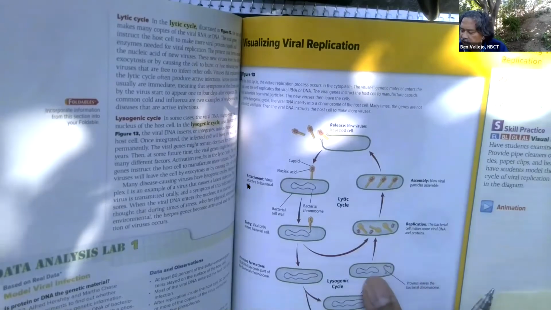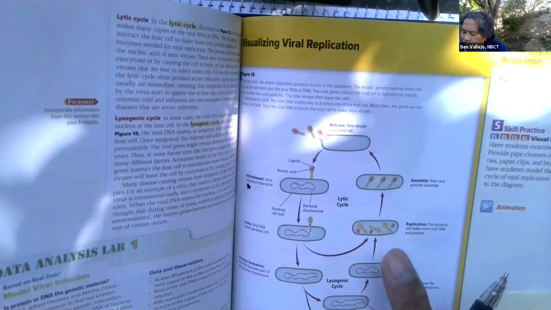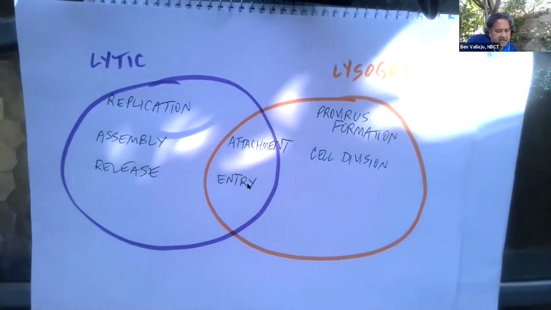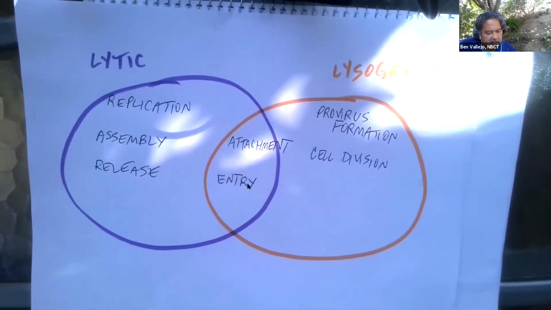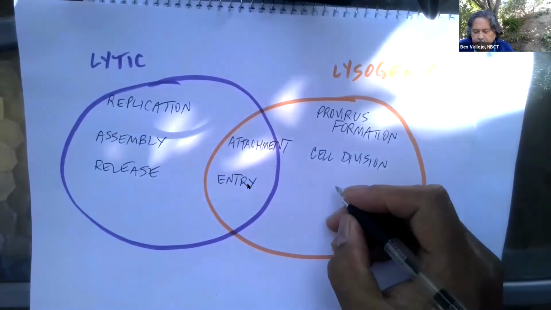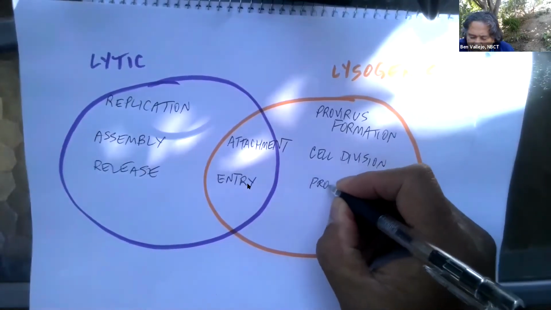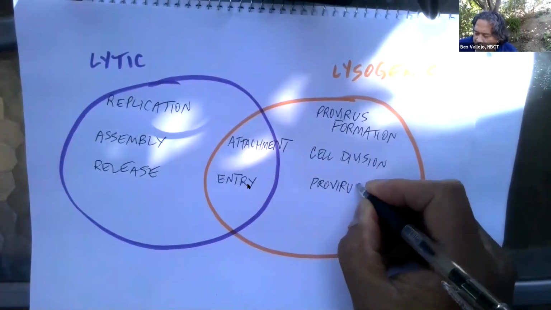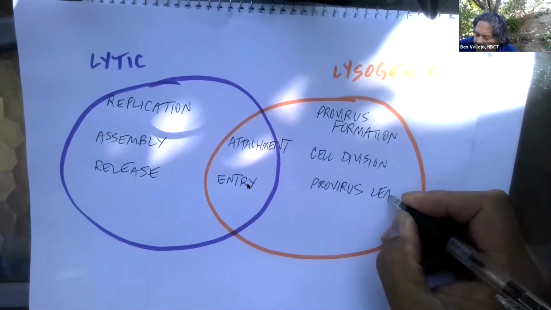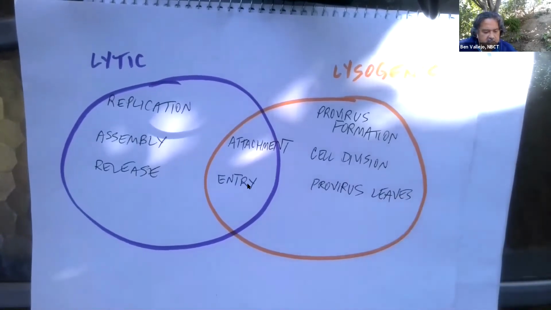And we say now this goes into the rest of the lytic cycle. So for my diagram's purposes, I'm going to leave it like this. But to finish it off, I'll say the provirus leaves the bacteria. So I'll just write provirus leaves.